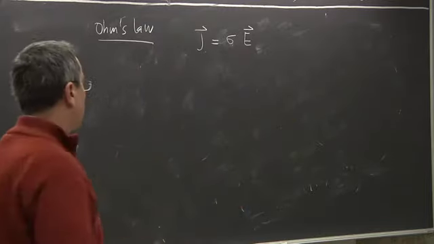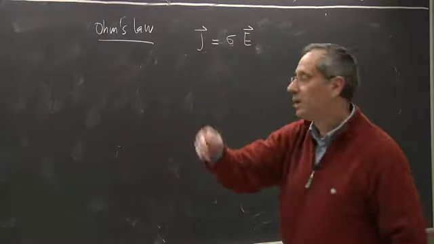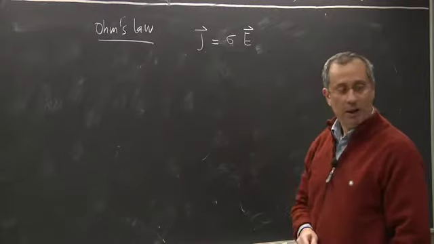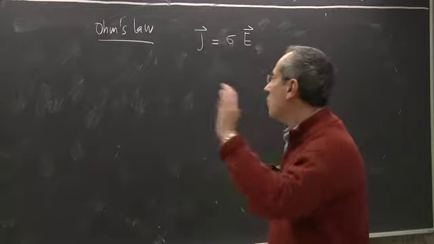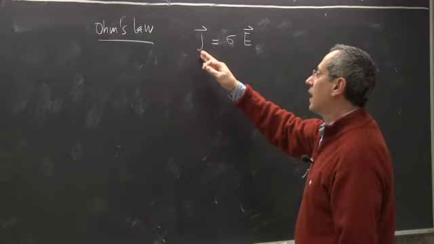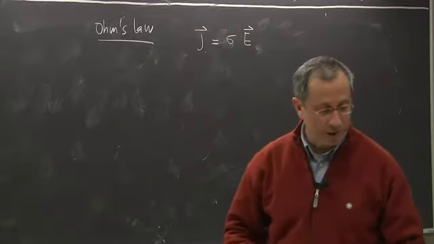But let's assume it's a thin wire, so this is really just a constant and is uniform, because that's what Ohm's law is talking about, a uniform, thin, conducting wire, and then you have that the density of current is directly proportional to the field that you apply.